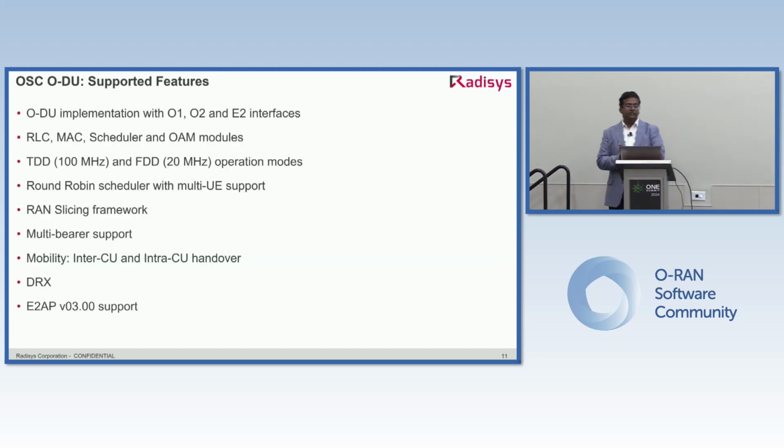In terms of features, we have all the interface support, O1, O2, and E2 interface support, and full-fledged modules of RLC, MAC, scheduler, and OAM. We have support for TDD and FDD, multi-UE support, and a fairly simplistic round-robin scheduler.